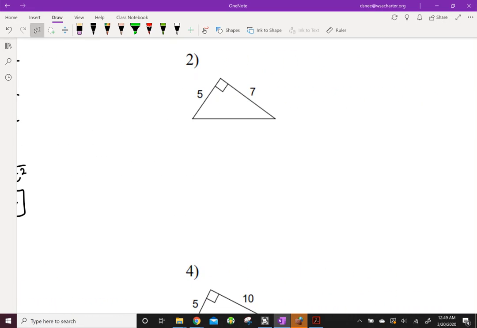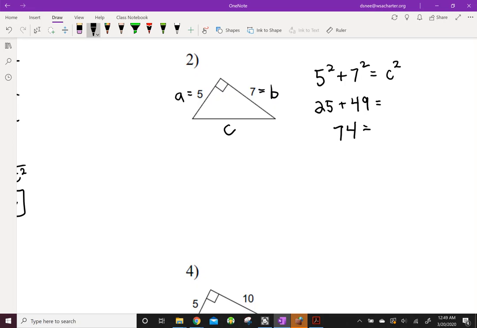Okay, once again over here we're going to call this side C, it's the long side, and we'll call this side A, this side B. It doesn't really matter, but we'll do 5 squared plus 7 squared equals C squared. So 25, once we start to know all these perfect squares really well, let's see, that's going to be 74. 74 is equal to C squared.